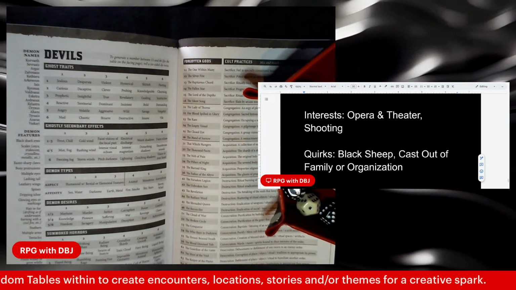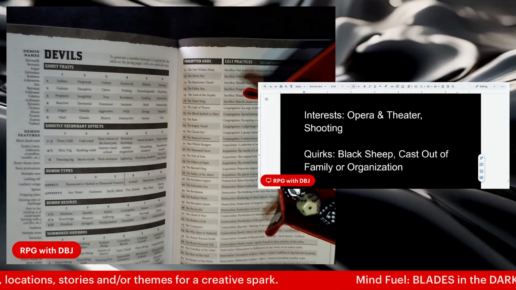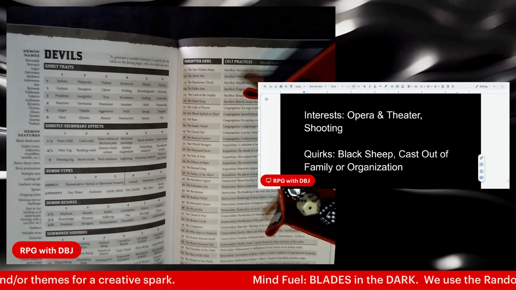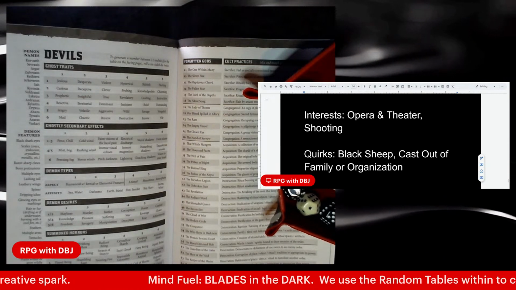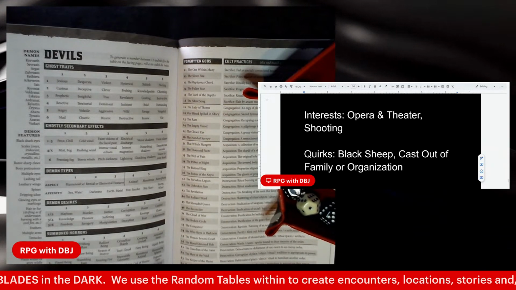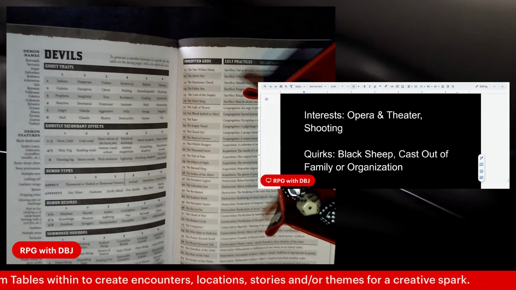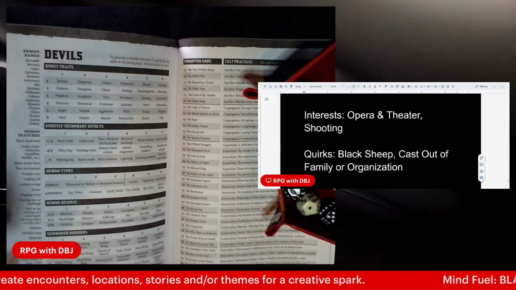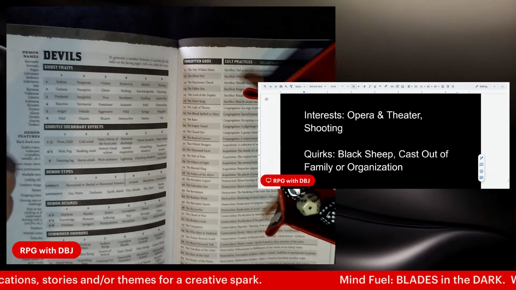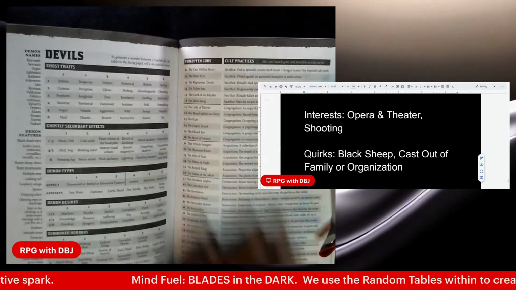For those that love the more arcane elements of Blades in the Dark, we do have ourselves devils. Mind you, their concept of devils is quite a bit different than we think of in classic Dungeons and Dragons or something, but it is similarly done. D6 tables, prompts on the side, summonings and forgotten gods, cult practices.